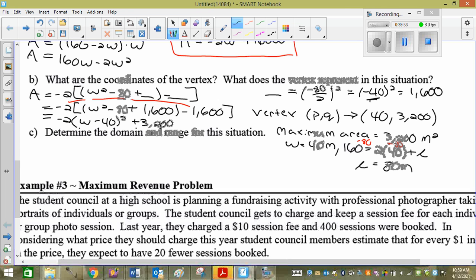What's our domain and our range based on what you see from the graph? Christian, were you able to get a domain for that? Not yet.